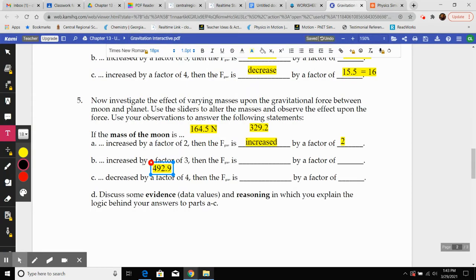Okay. So I'm going to take this and divide it by the original number. So 492.9 divided by 164.5 comes out to be 2.996. So again, it's increased, and now by a factor of 2.999, which is 3.